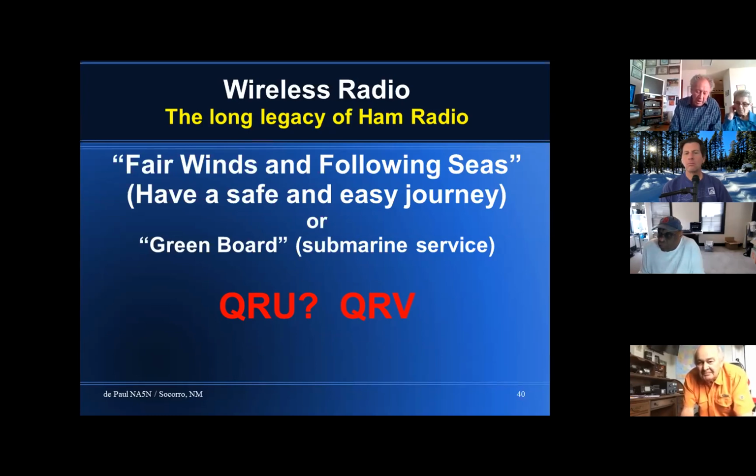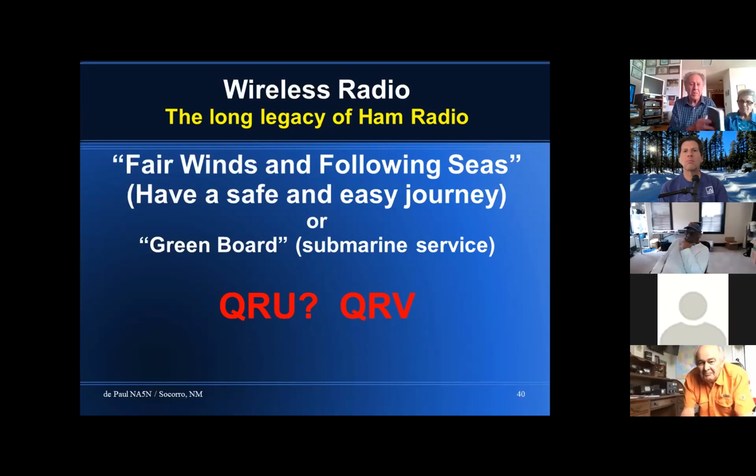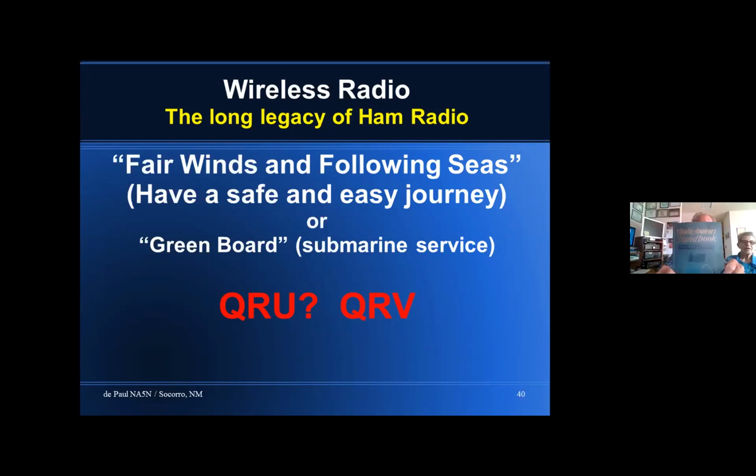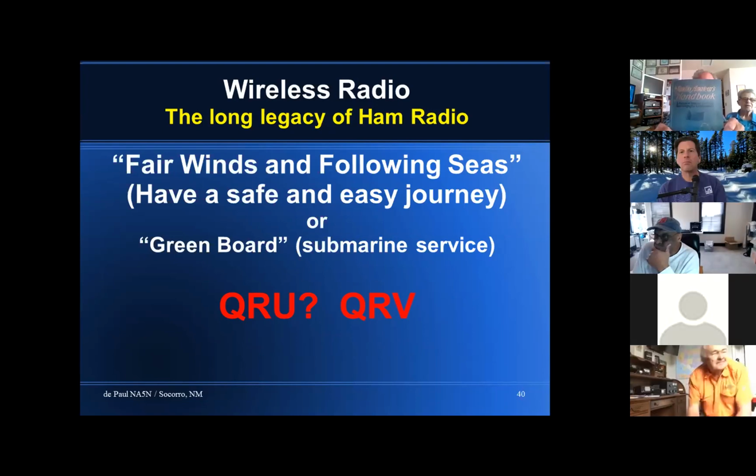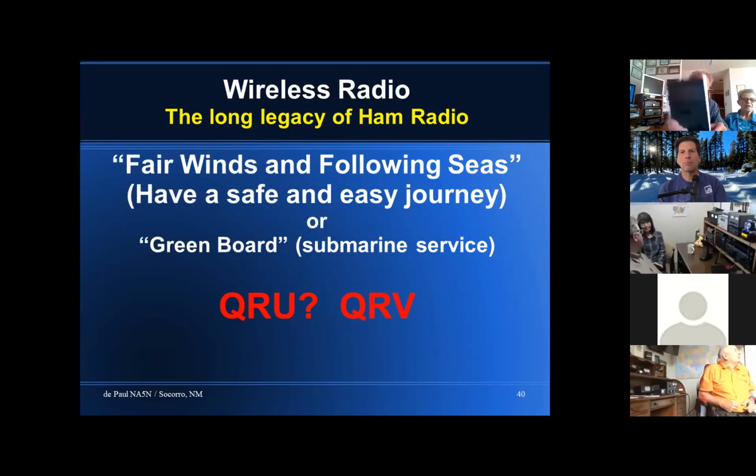It's called A Manual of Amateur Shortwave Radio Telegraph Communications. And you can see that on the book there. There we go. Anyway, that's a copy of the 1926 book, not too thick.